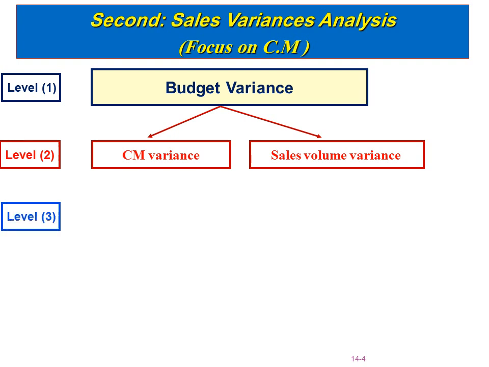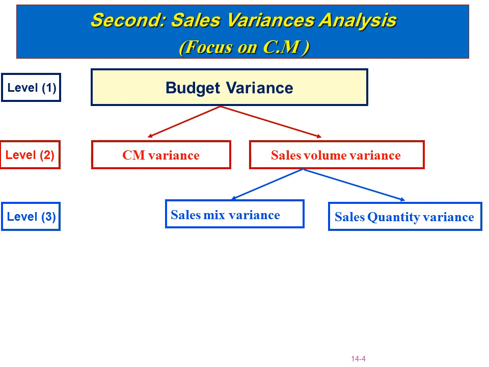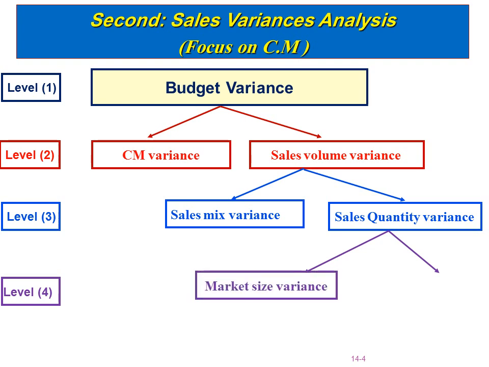In the third level, we analyze the volume variance into sales mix variance and sales quantity variance. Sales mix and sales quantity. In the last level of analysis, we analyze sales quantity into market size and market share variances.